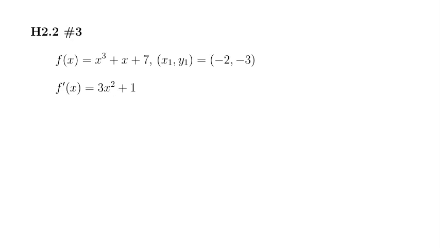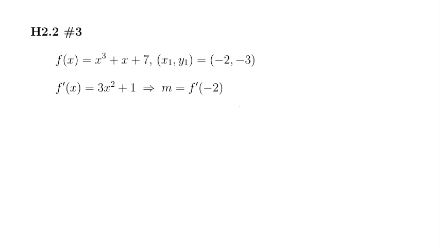To find the slope, m is equal to the derivative, and then we plug in the x value we have here, which is -2. So the slope is f prime of -2.